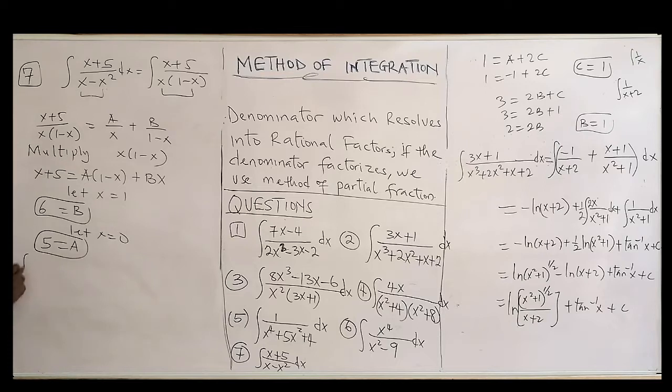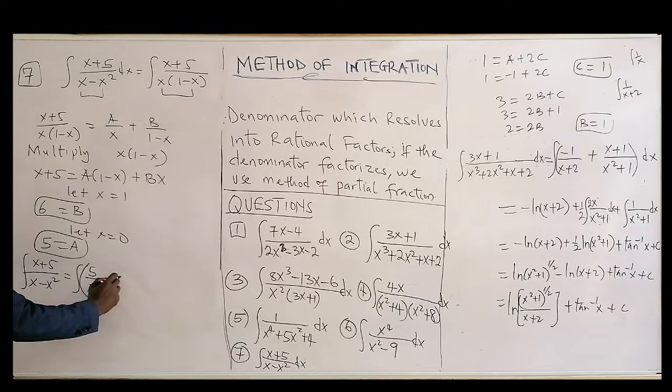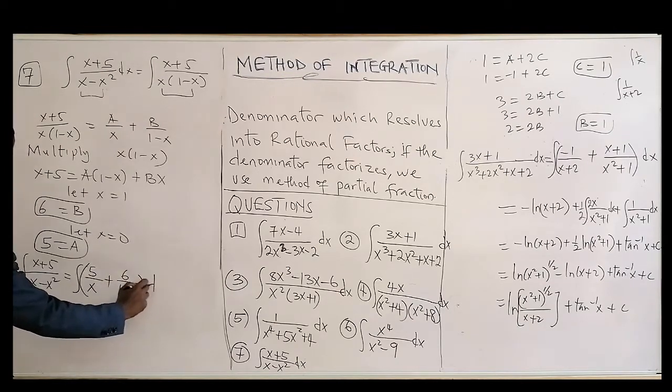Then finally, the integral of (x plus 5) over (x minus x squared) is equal to the integral of a, and a is 5, over x, plus b, which is 6, over 1 minus x, dx.